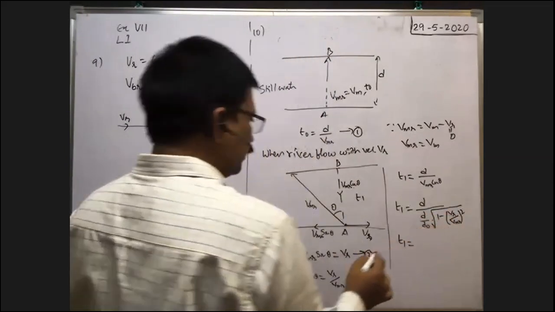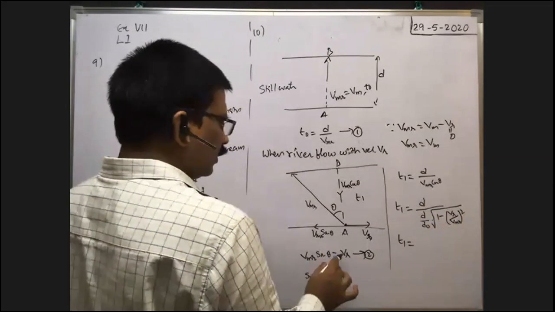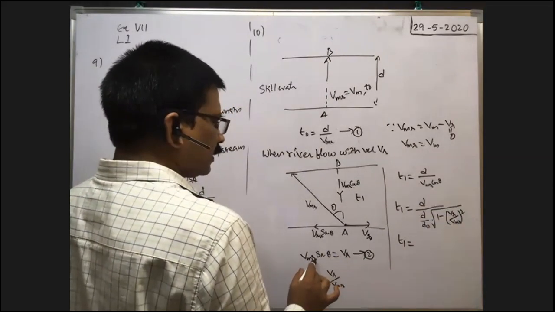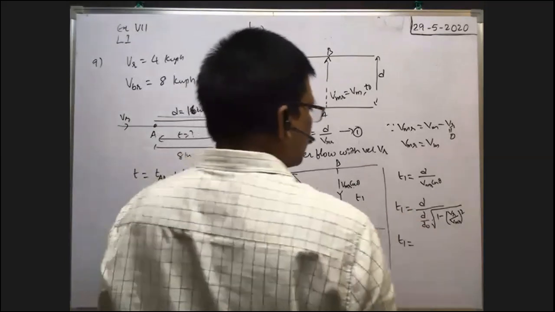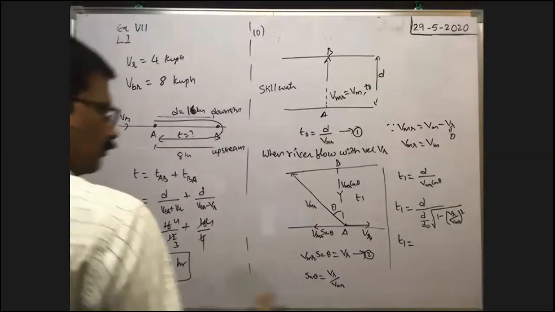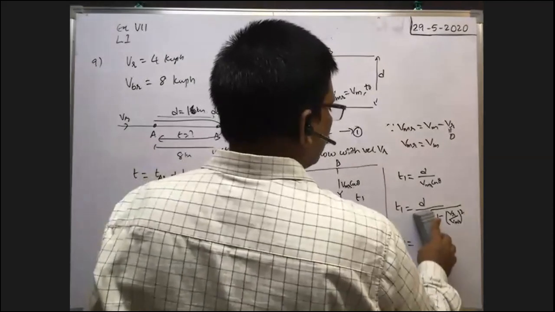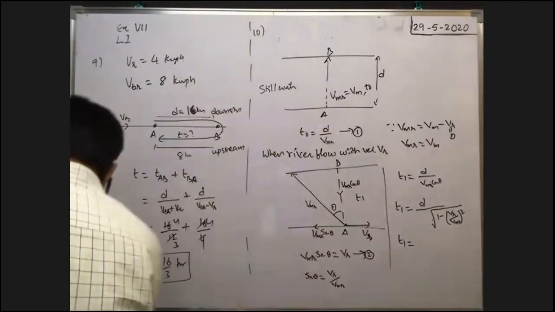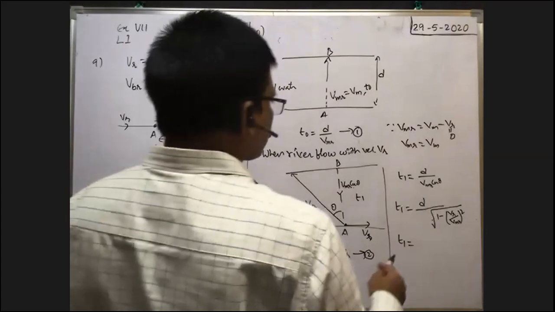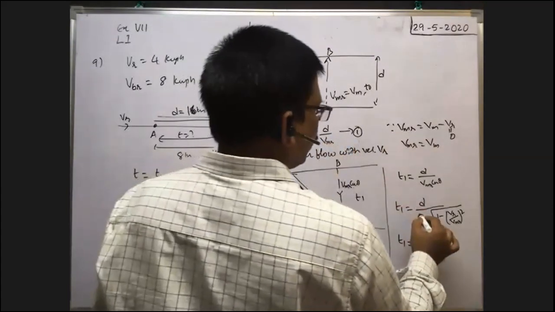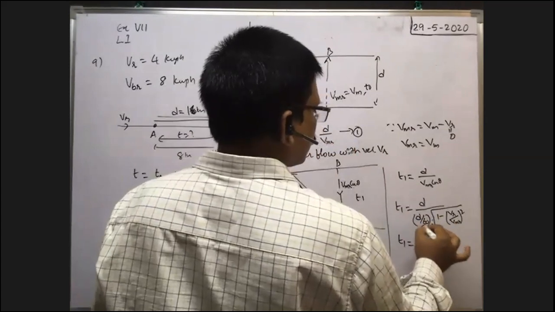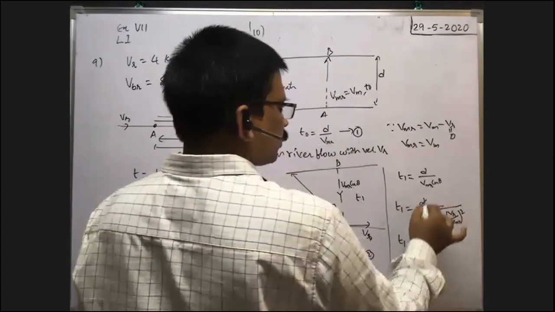Therefore, T1 is equal to d by VMR, where VMR is equal to d by T0. The d's cancel, and now T0 goes to the numerator.